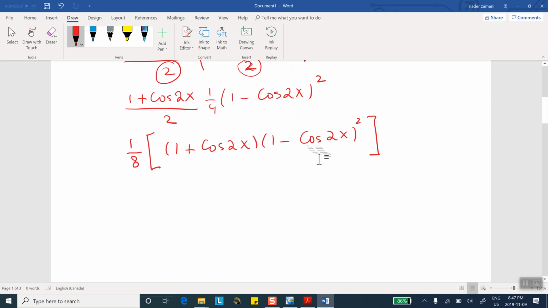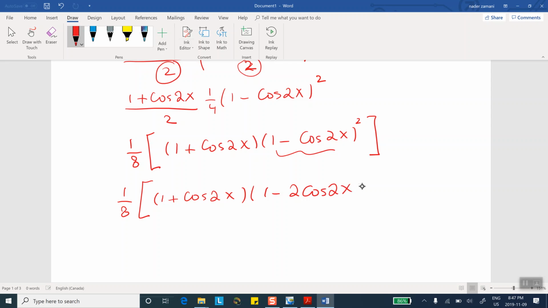Okay, let us do a little bit of a cleanup here. So this is 1 over 8, 1 plus cosine of 2x. And if you FOIL this thing, you're going to get 1 minus 2 cosine of 2x plus cosine squared of 2x.